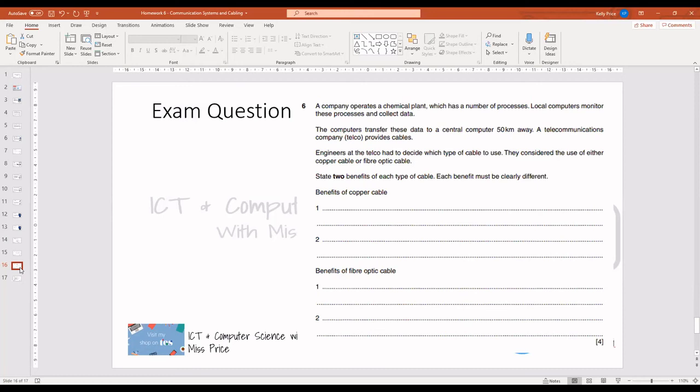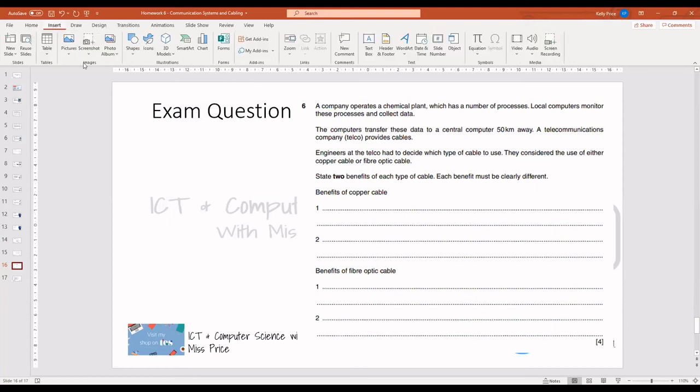A telecommunications company, telco, provides the cables. Engineers at telco have to decide which type of cable they use, and they considered using either copper cable or fibre optics. State two benefits of each type of cable. Each benefit must be clearly different. Okay, so if it has to be clearly different, then it has to be clearly different.